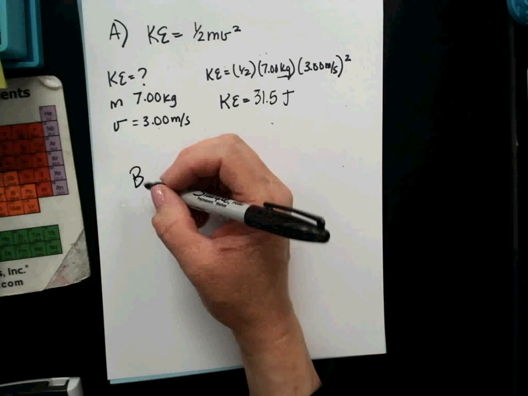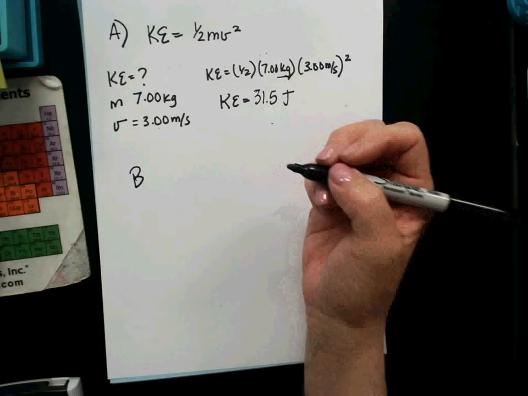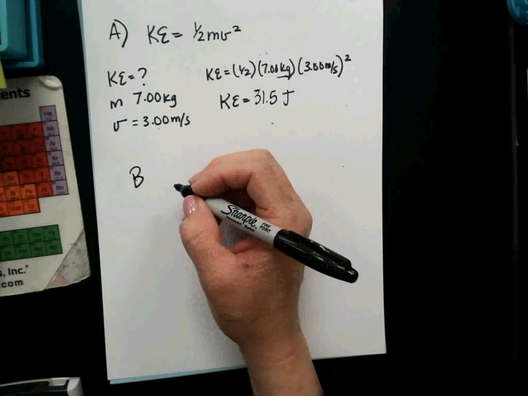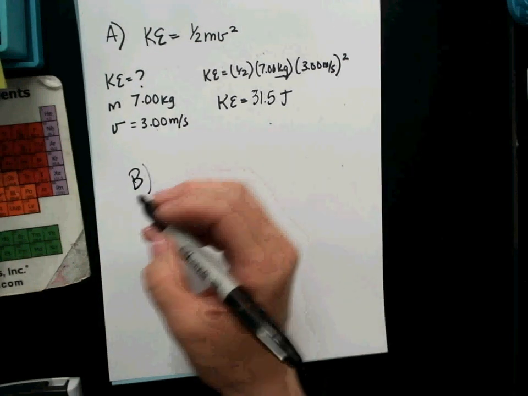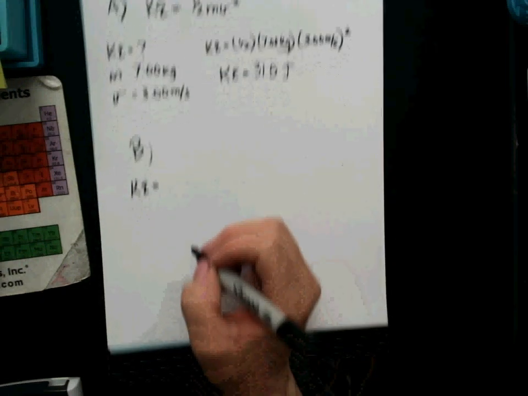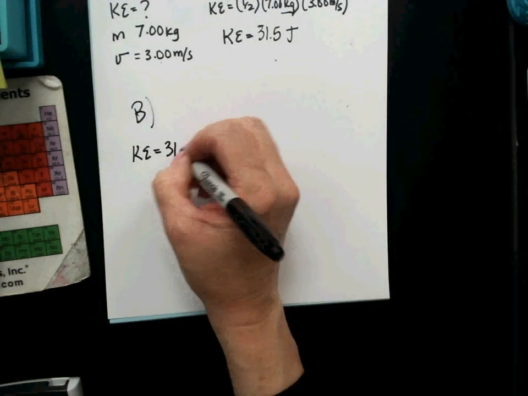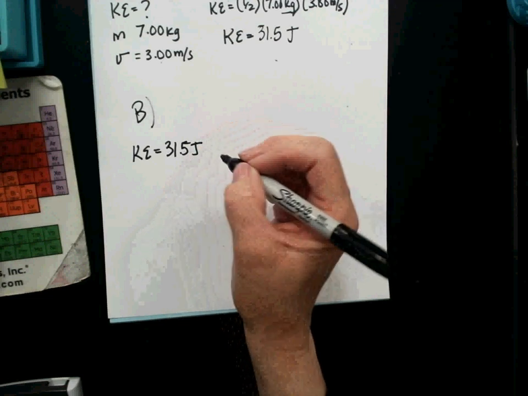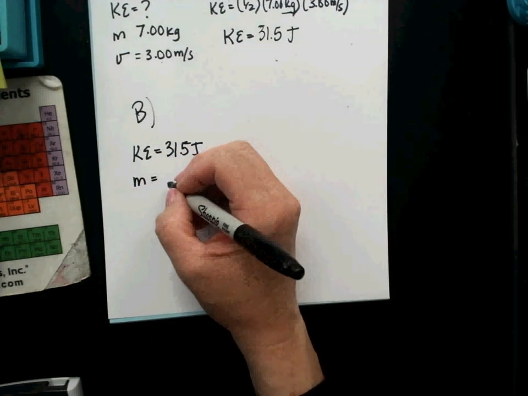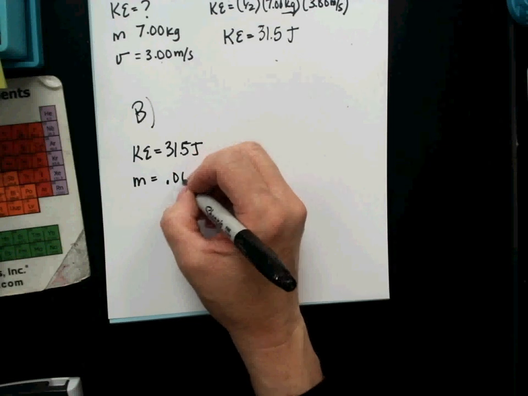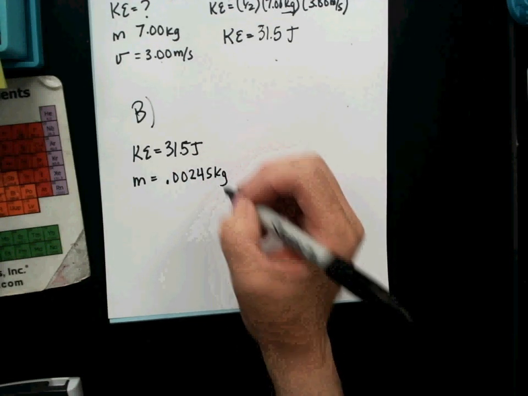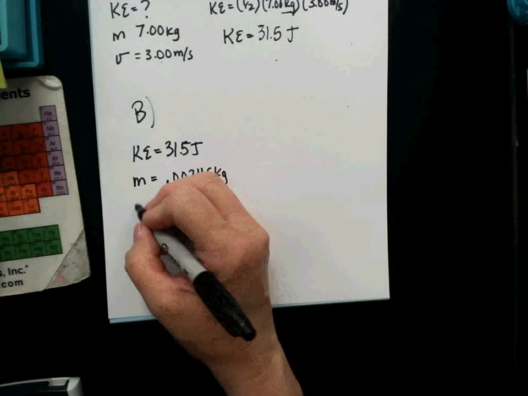I keep turning my paper over. So in B, how fast must a 2.45 gram ping pong ball move to have the same kinetic energy? So this time I'm using the same KE from above, so I'm going to carry it down. And my mass, I gave it to you in grams, so I have to convert. That would be 0.00245 kilograms.